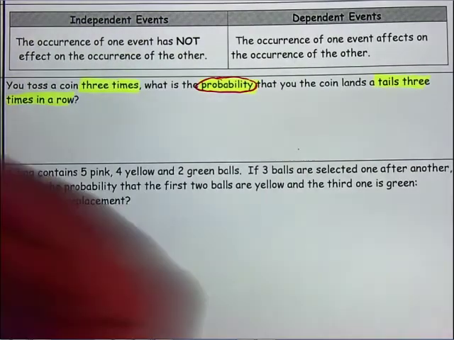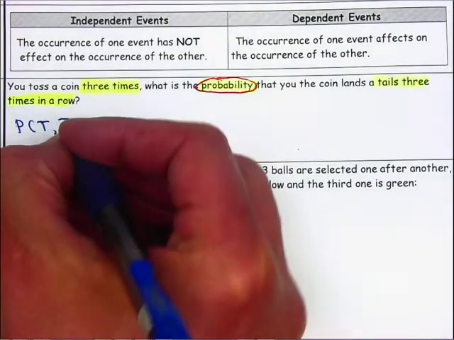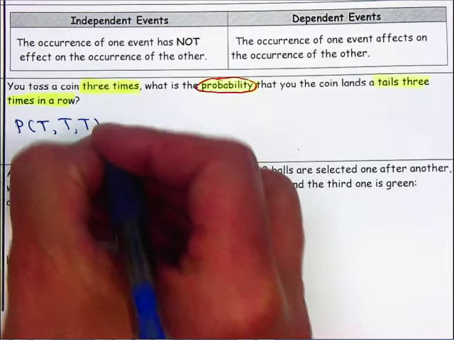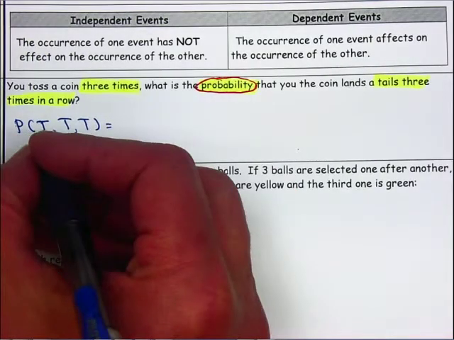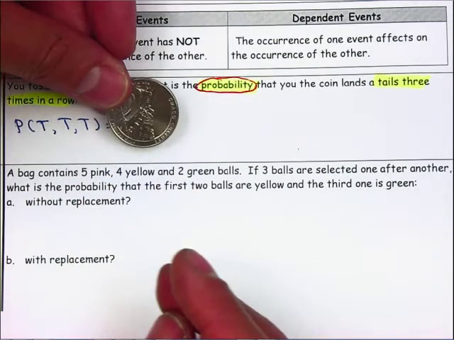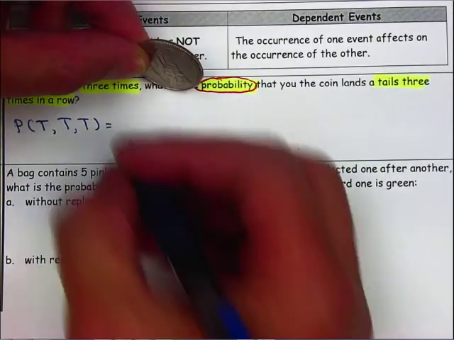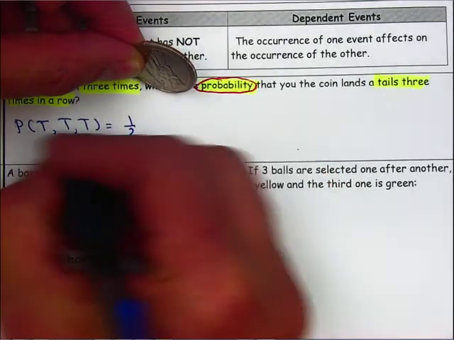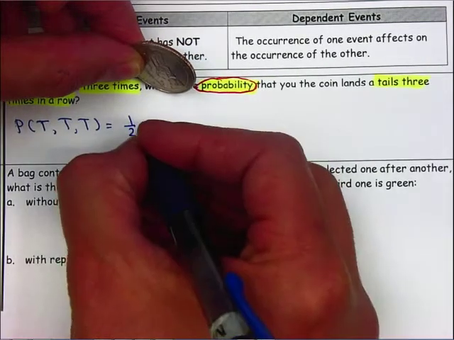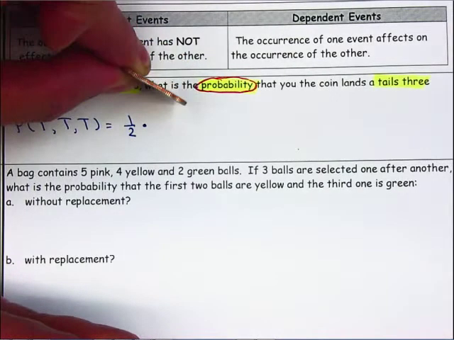Let's write down the notation. We want the probability of a tail, then another tail, then another tail. What's the probability that it's going to land on tails the first time? It can be heads or tails, so it'll be 1 out of 2. That's for the first one. And so we multiply. What's the probability that it's going to land on tails again, the second time?